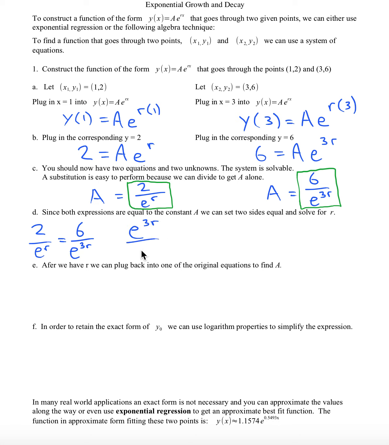And we want to solve for the only variable left, which is r. We eliminated the a variable. I'll use the rules of exponents here. 3r minus r makes e to the 2r.